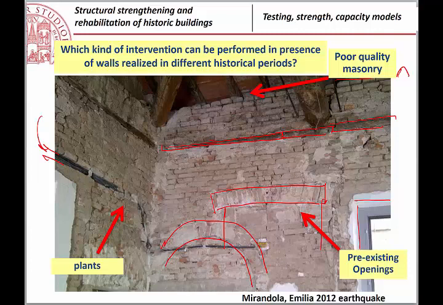That is, people knew also in the past that having something which is able to carry horizontal forces will improve your construction. So they didn't put a steel tie, for example, but they used a wooden plank.